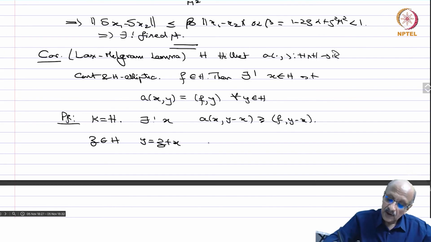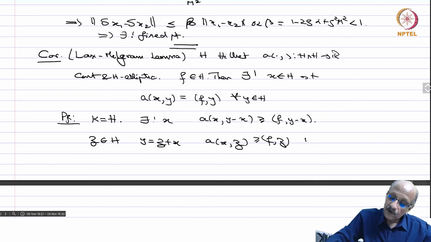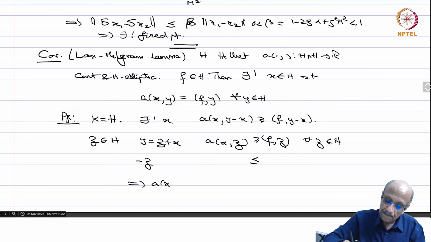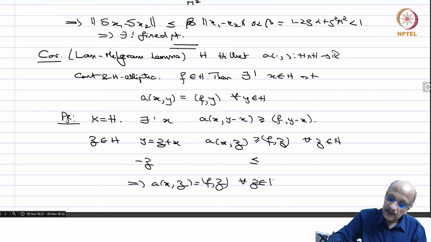This is also in H. So then you get a(x, z) greater than or equal to f(z) for all z in H. Now you apply it for minus z, then you will get the opposite inequality. You will get less than or equal to, and therefore a(x, z) equals f(z) for every z in H, and that proves the Lax-Milgram lemma.